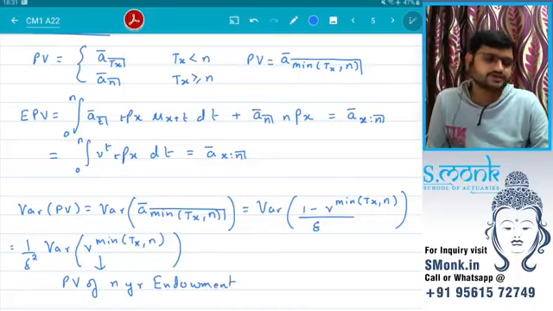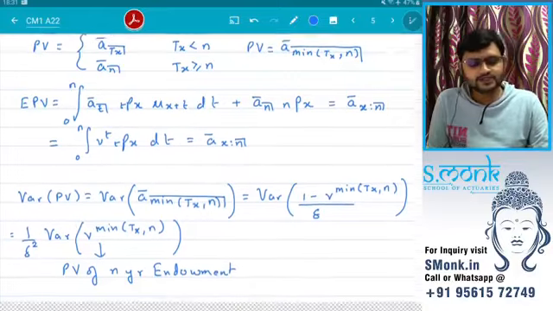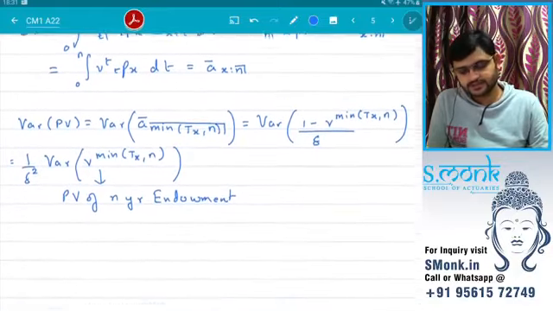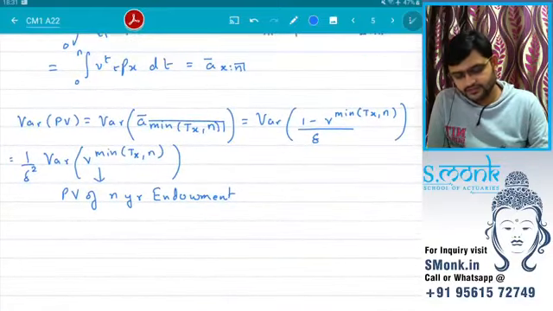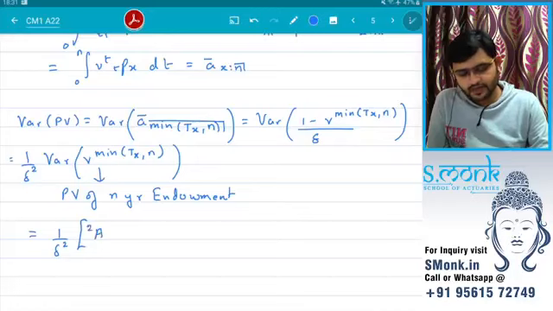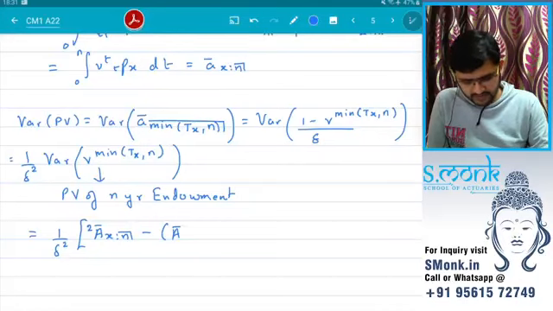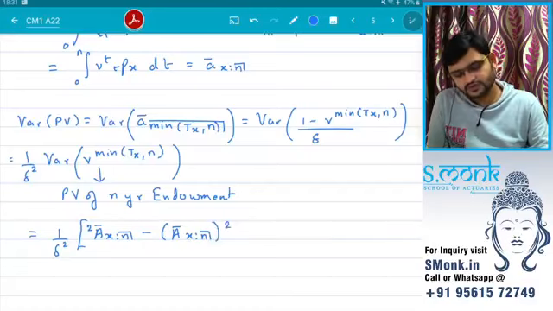The only difference is this would be payable immediately on death. So therefore variance will become 1 by delta square times 2A bar xn minus A bar xn whole square.